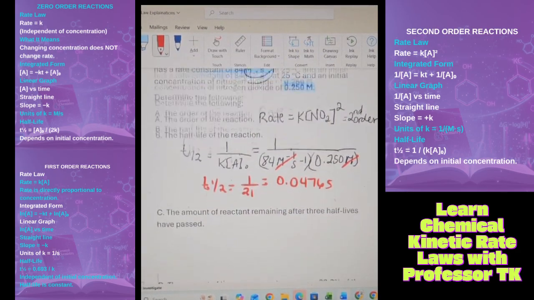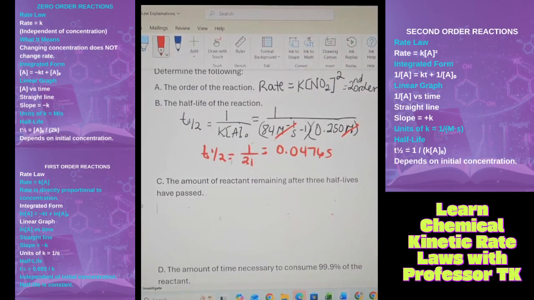Now, for letter C, when they ask you, all right, well, the amount of reactant remaining after 3 half-lives is what? Well, the easiest thing to do is to take the answer you got from part B and just multiply it times 3. So 3 times 0.0476 will tell you what your answer is equal to.